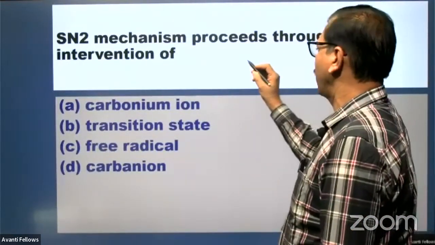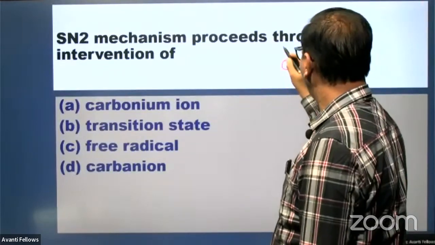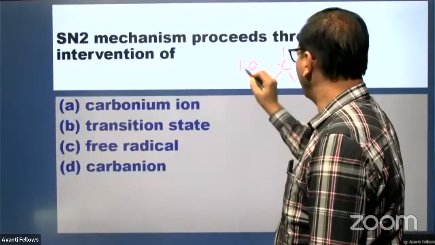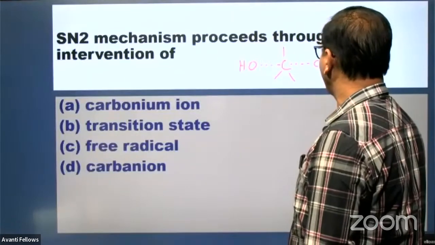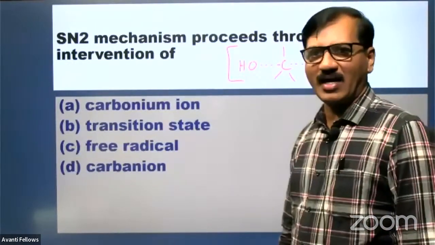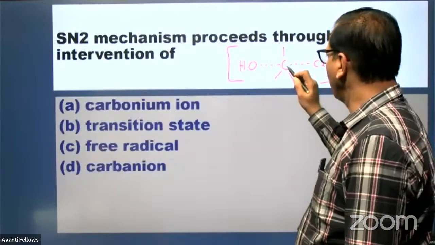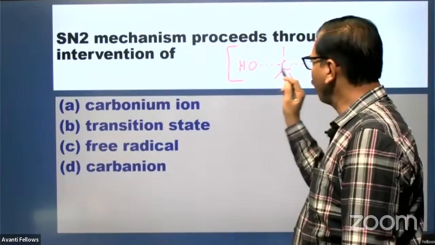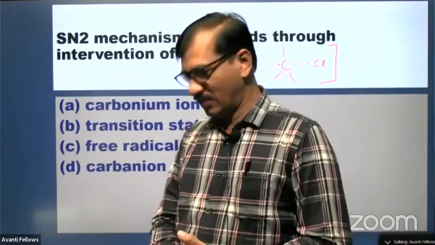That is, remember, in SN2, there is an incoming nucleophile and there is an outgoing nucleophile. This was the example that I have taken. This is called a transition state. The carbon has to leave the nucleophile and another nucleophile should enter in, and this state is a transition state.